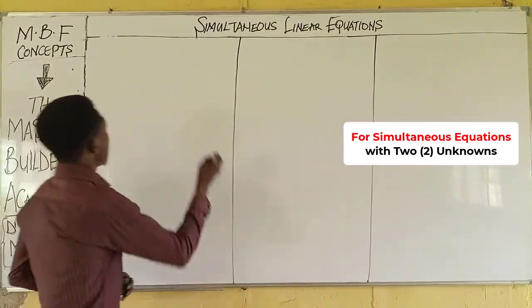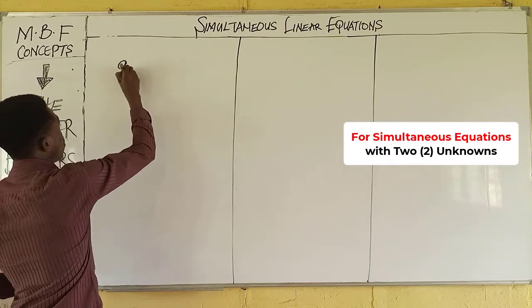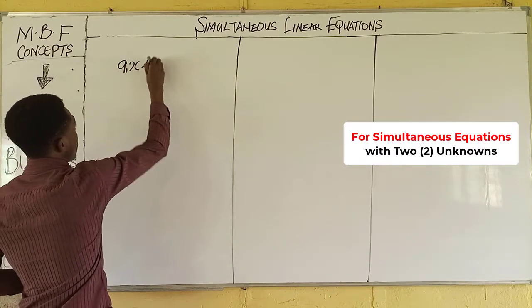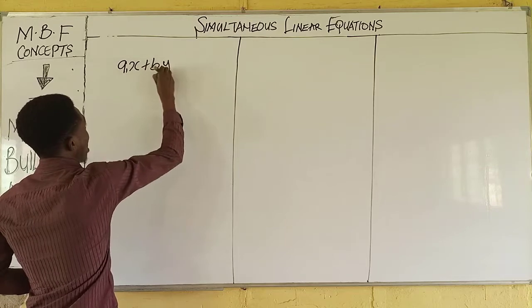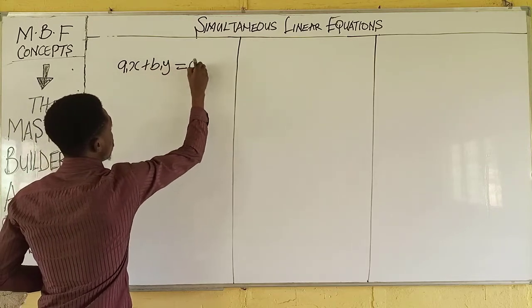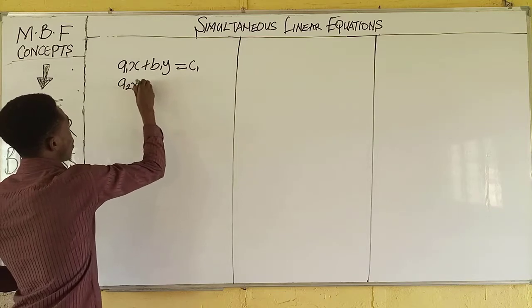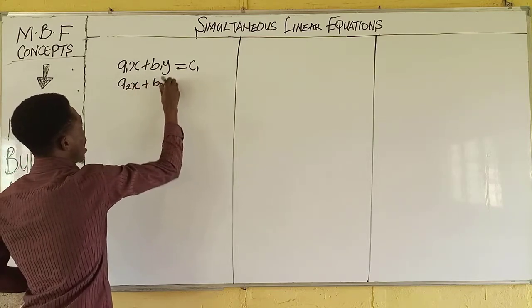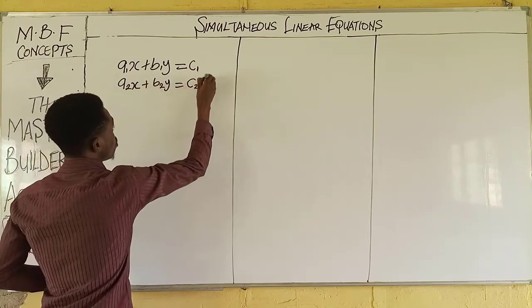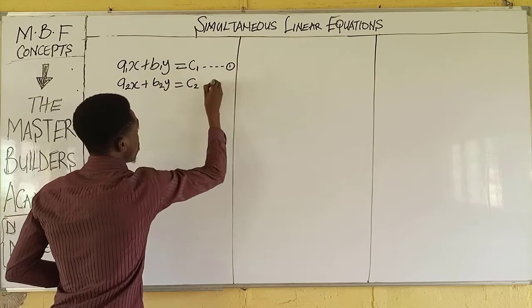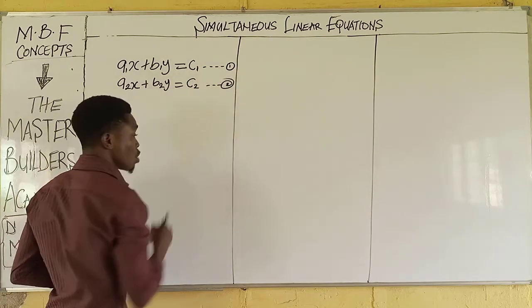For instance, if I have a1x plus b1y is equal to c1, then I have a2x plus b2y is equal to c2. Now this is what we call equation 1. This is what we call equation 2.